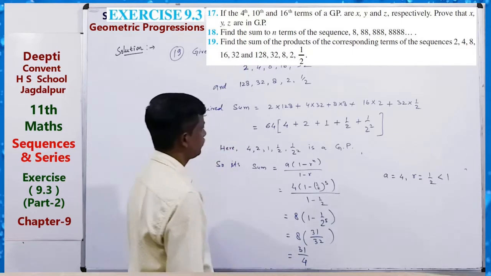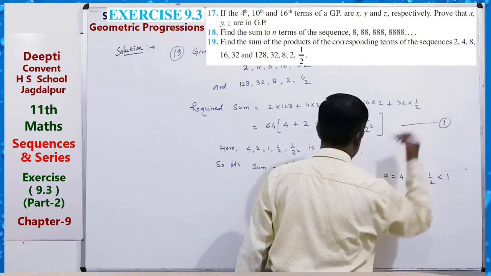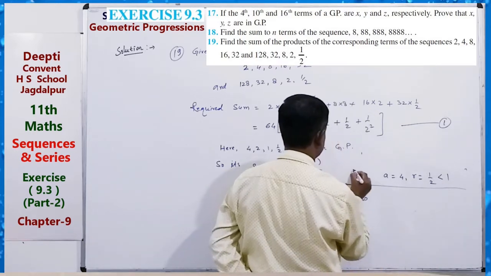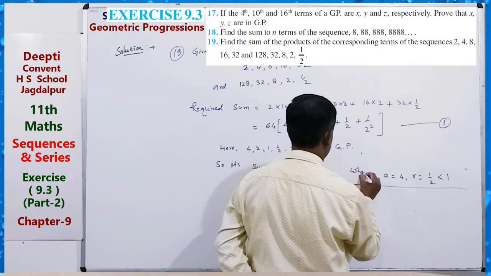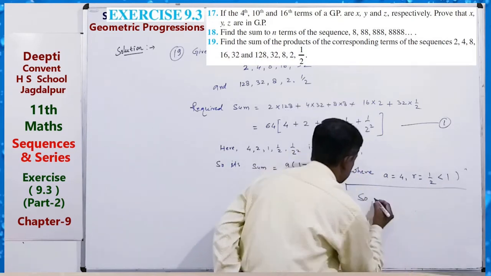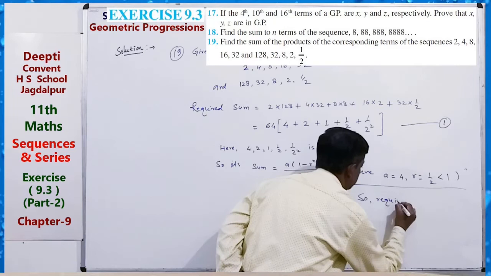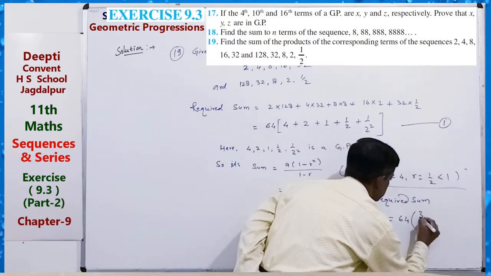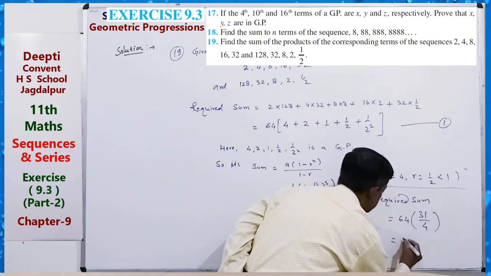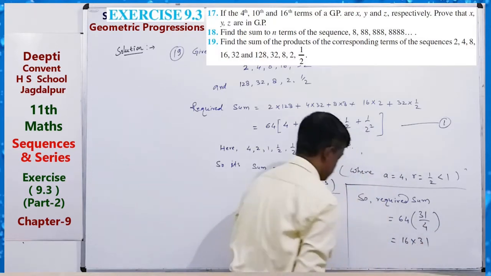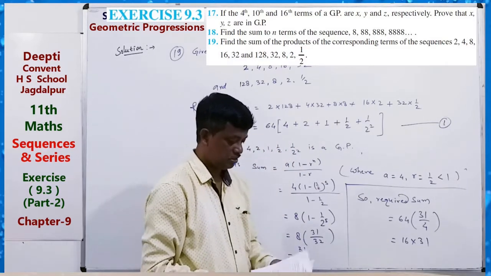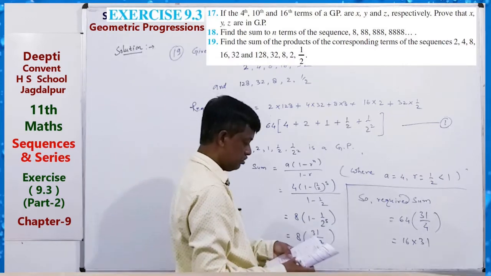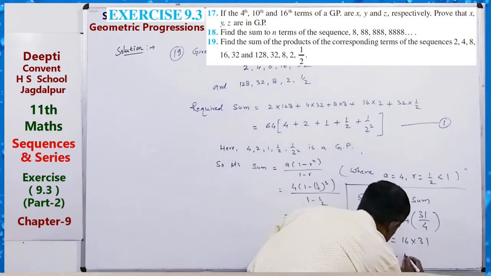So the required sum is 64 into 31 by 4, which is 16 into 31, that is 496.